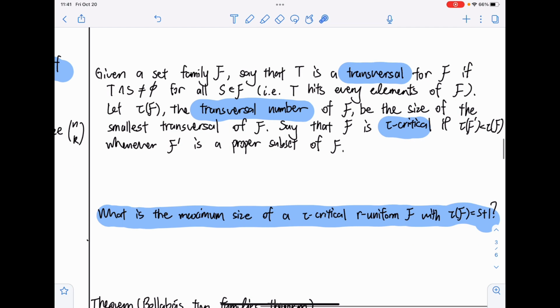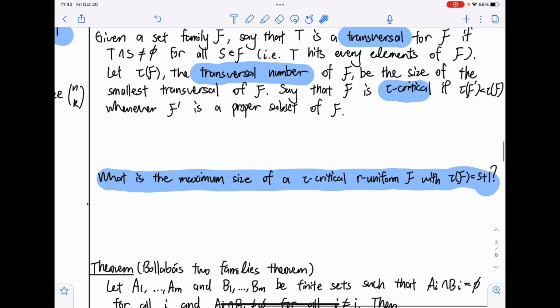And here we have a question. What is the maximum size of a tau-critical R-uniform F with tau(F) equal to S plus 1?